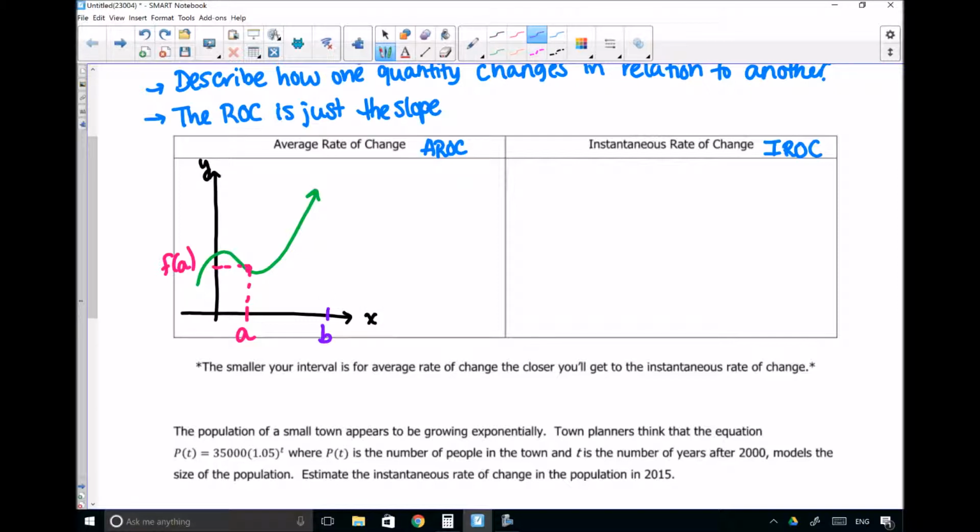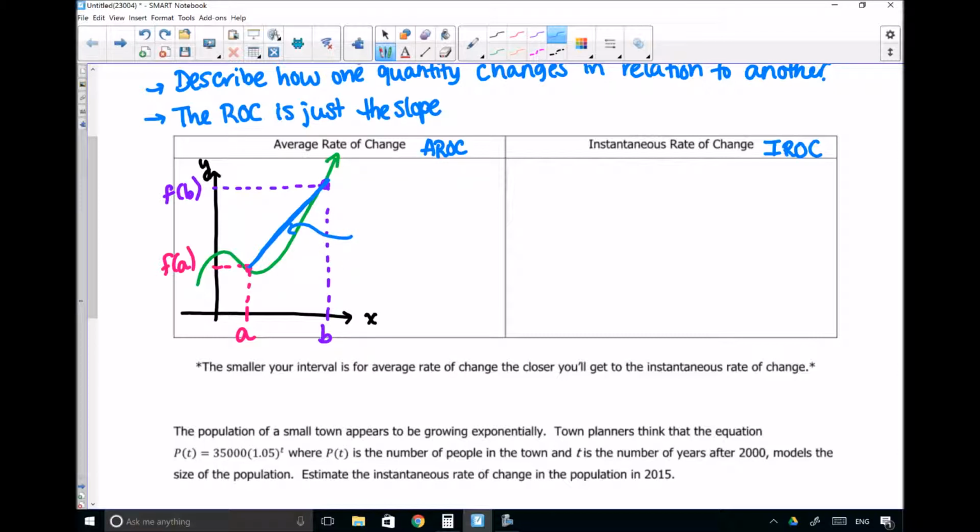And then b will line up with my graph, and I should probably extend this a little bit so we can see and actually discuss this. So b will line up with my graph at f of b. Okay, and the average rate of change is simply going to be the secant that connects these two pieces here. So basically, I just want to know what is the slope of this line, right?